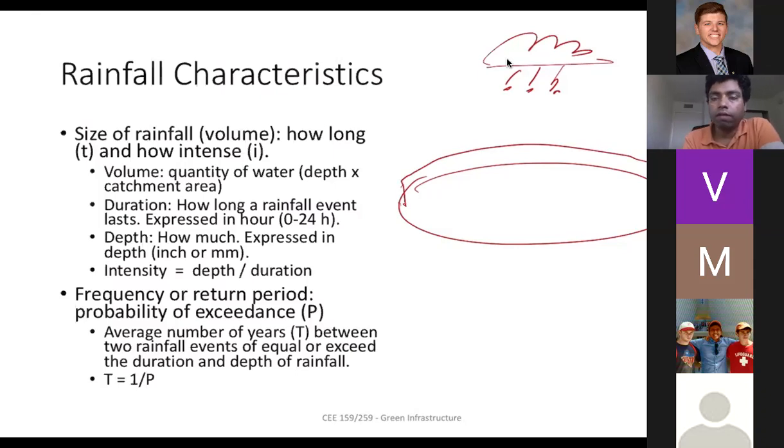That's the rainfall depth, or the amount. Rainfall depth can always be converted to total amount of rainfall just by multiplying by the area of that catchment, that location. So area times depth of rainfall would be the volume of rainfall.